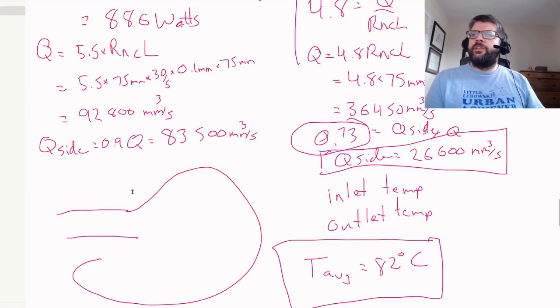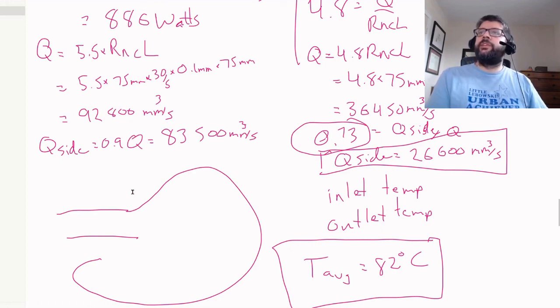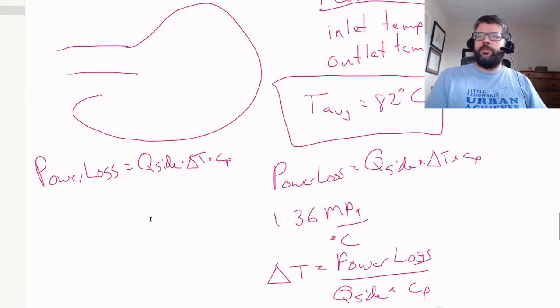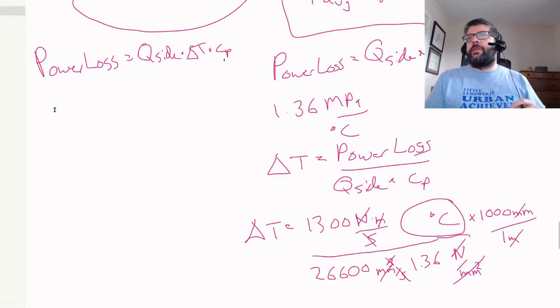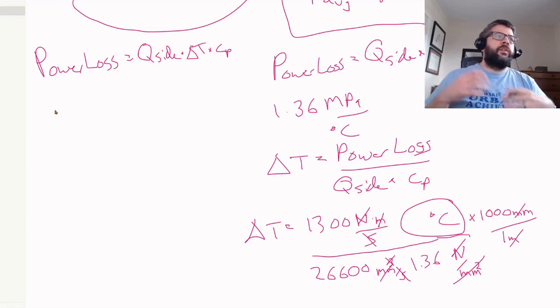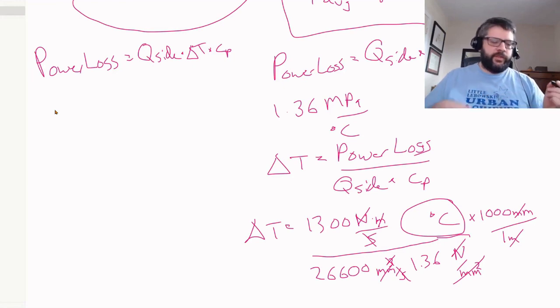So our Q side there is 83,500, and our power loss was 886 watts. So in this situation, we expect to see a far lower temperature rise because we both have more side flow and we have less heat being generated.